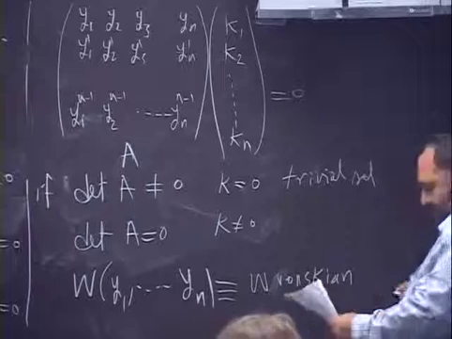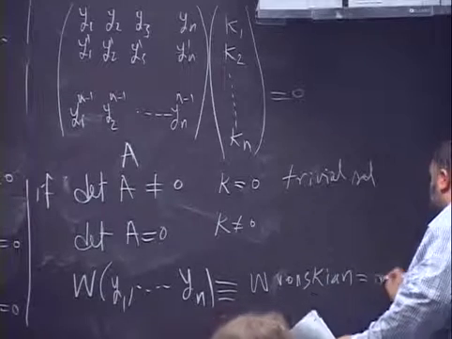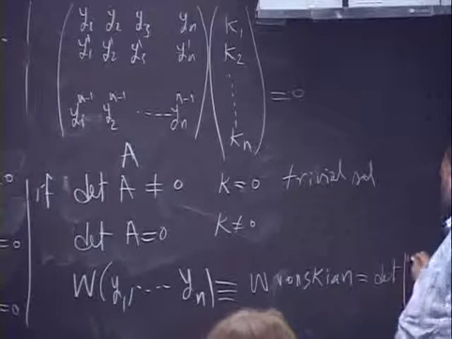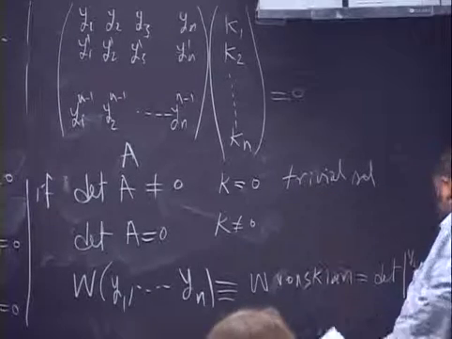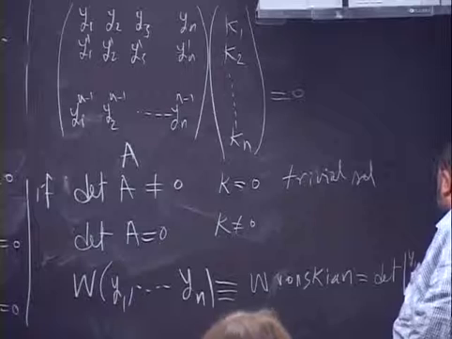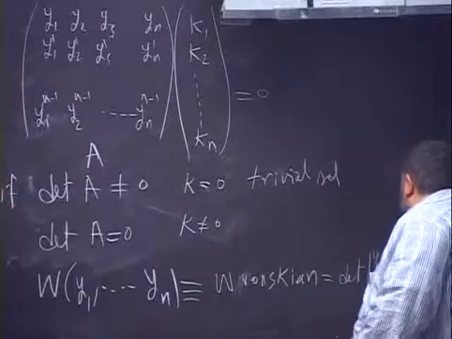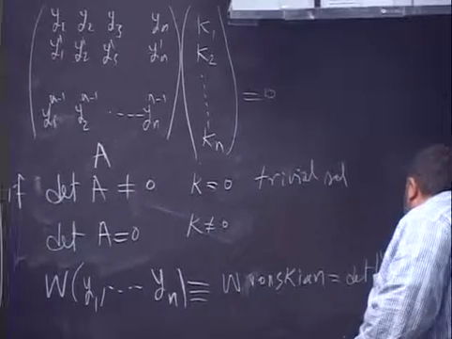Again, this is the Wronskian, and this is the determinant of what you see here: y1 up to y1 to the n minus 1, y2 to the n minus 1, and yn to the n minus 1.